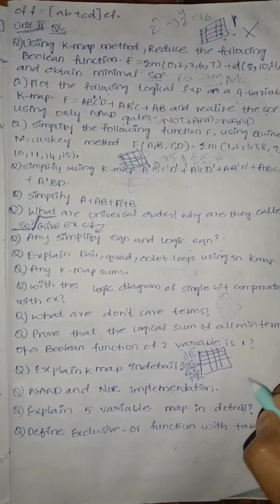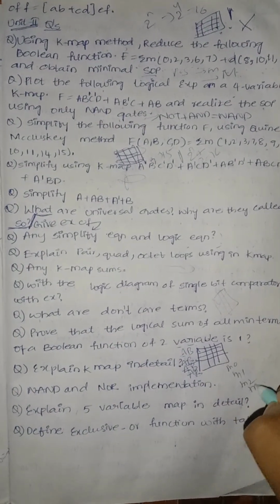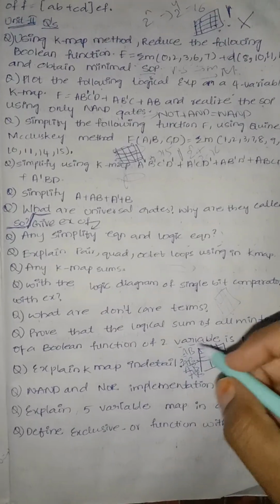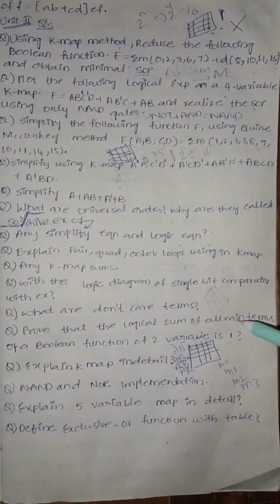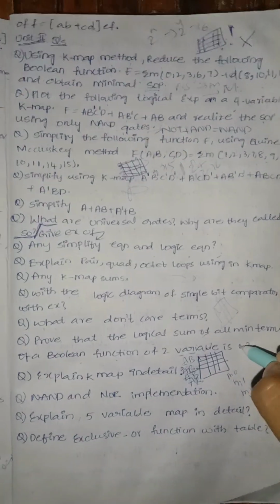Like that we take four values for m0, m1, m2, m3. These are the examples for the logical sum of all minterms of a Boolean function of 2 variables being 1.